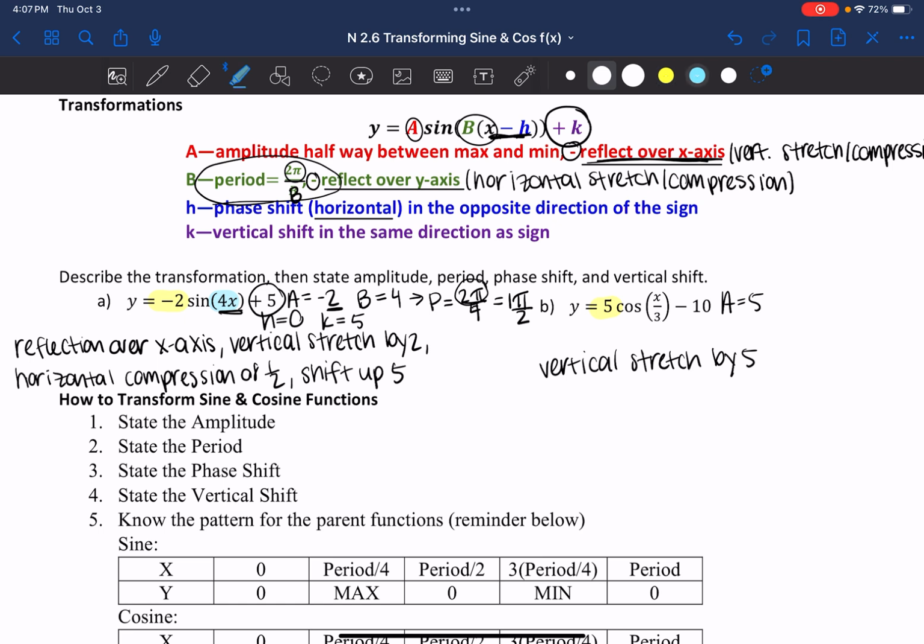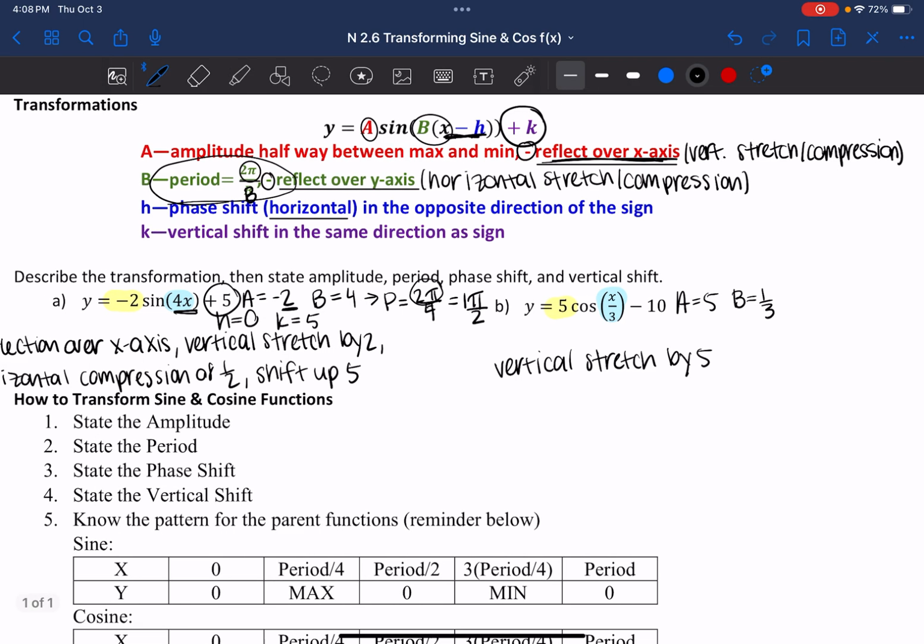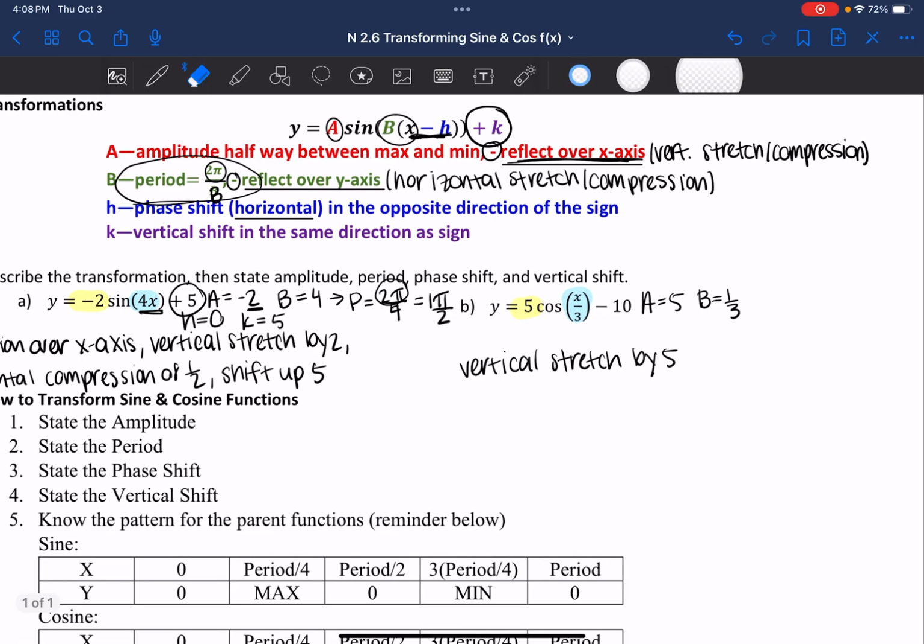I then would want to identify my B value. B, again, is going to be the part inside our parenthesis being multiplied by x. So x is being multiplied by 1/3 here. So I would say my B value is 1/3, which again doesn't mean a lot to us on its own, but it will help us find the period of our function.